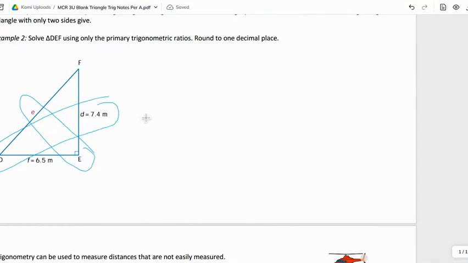Now, let's use our CTB and let's make predictions. Side E. What can you tell me with 100% certainty about how long side E is going to be? It is 100% going to be greater than.